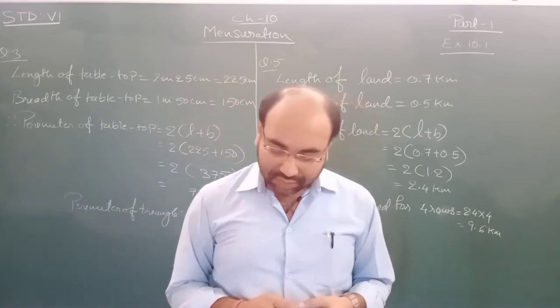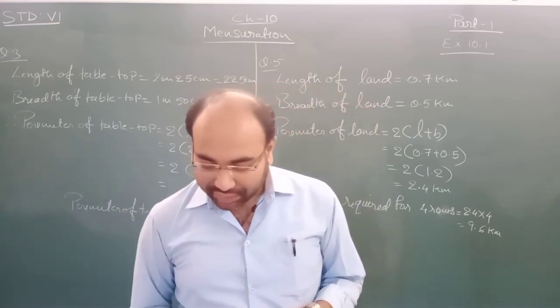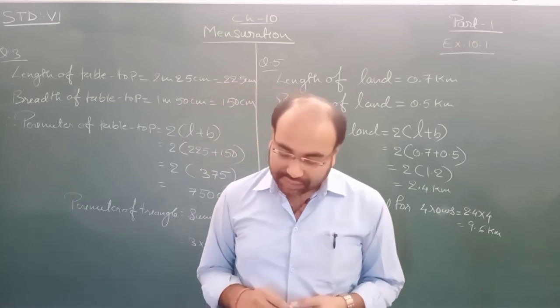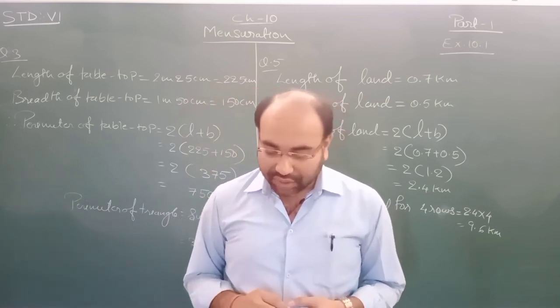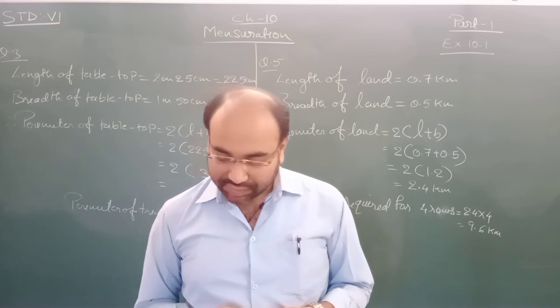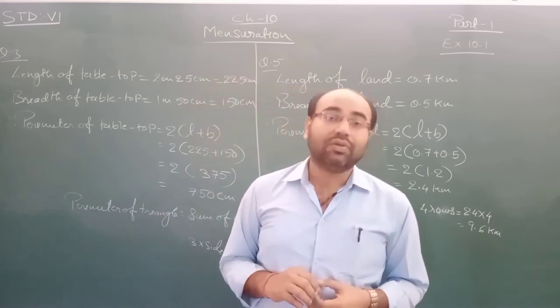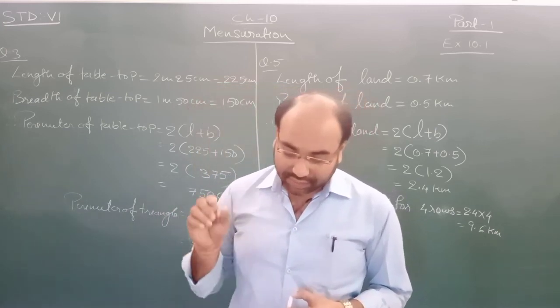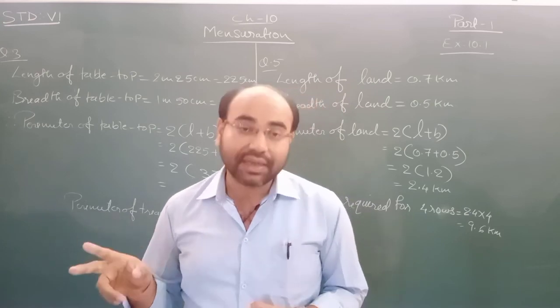And the last third one, an isosceles triangle with equal sides 8 cm each and the third side 6 cm. So isosceles triangle है, a triangle with equal side as 8 cm.